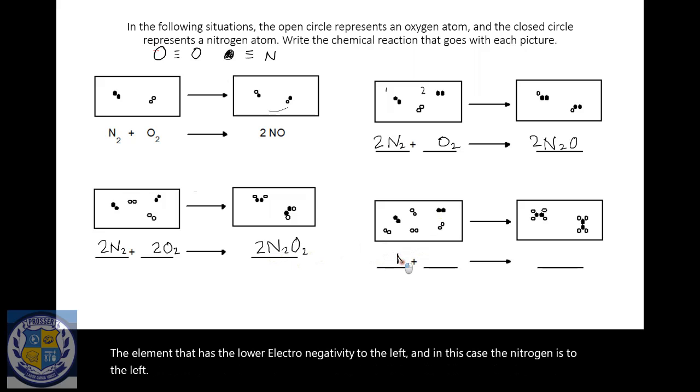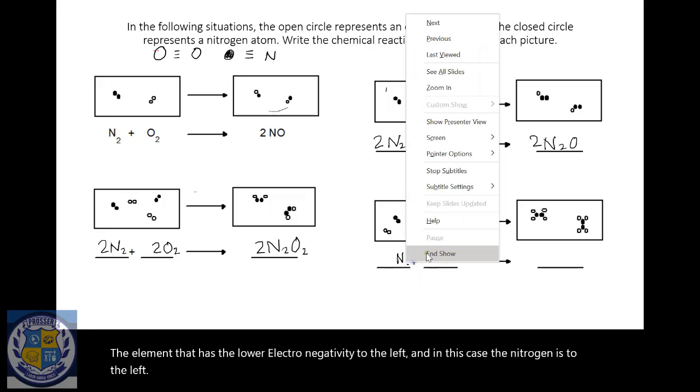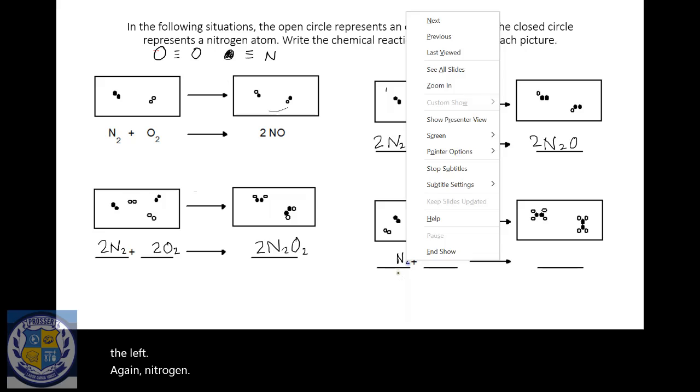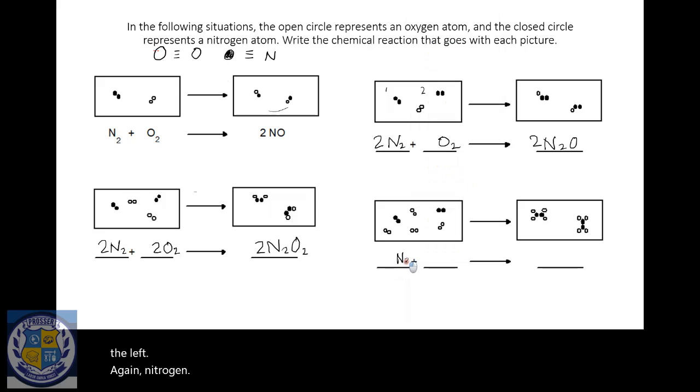Again, nitrogen. There we go. And oxygen. Let me see, how many nitrogen? Looks like there's 2 of them. How many oxygen? There's 4 of them. Okay.